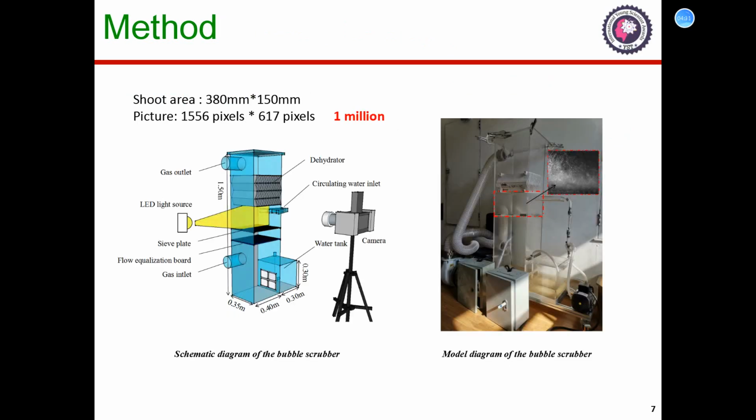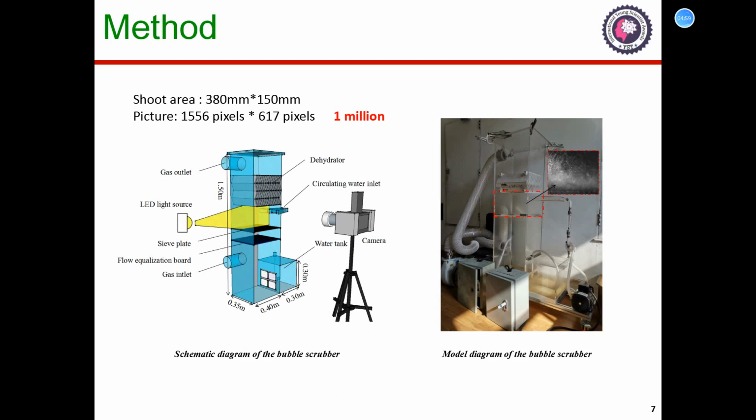We have established a test system in our lab. As the picture shows, when we run this system, we can turn on the LED light to highlight the work area of the wet scrubber, and then we can use the digital camera to capture the picture of the work area of this wet scrubber.